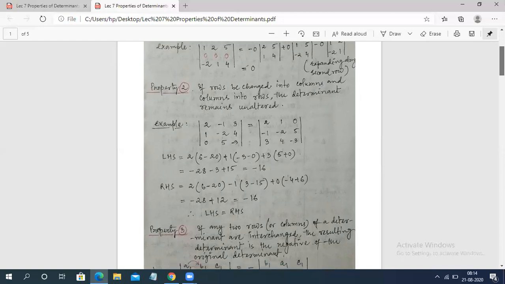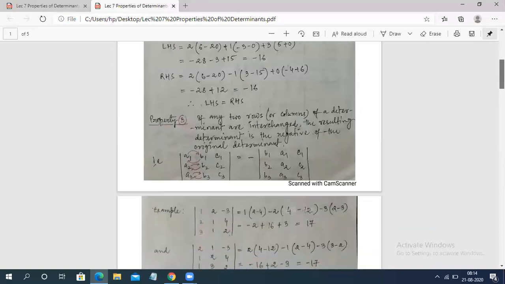The third property is if any two rows or columns of a determinant are interchanged, then the resulting determinant is the negative of the original determinant. It means, suppose you have this determinant A1, B1, C1, A2, B2, C2, A3, B3, C3.